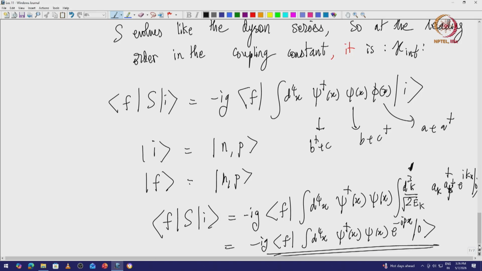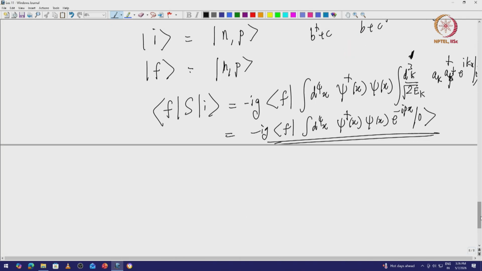So if you work it out, what will happen at the end of the day is f S I is equal to minus I g 2 pi power 4 delta power 4 (q1 plus q2 minus p).